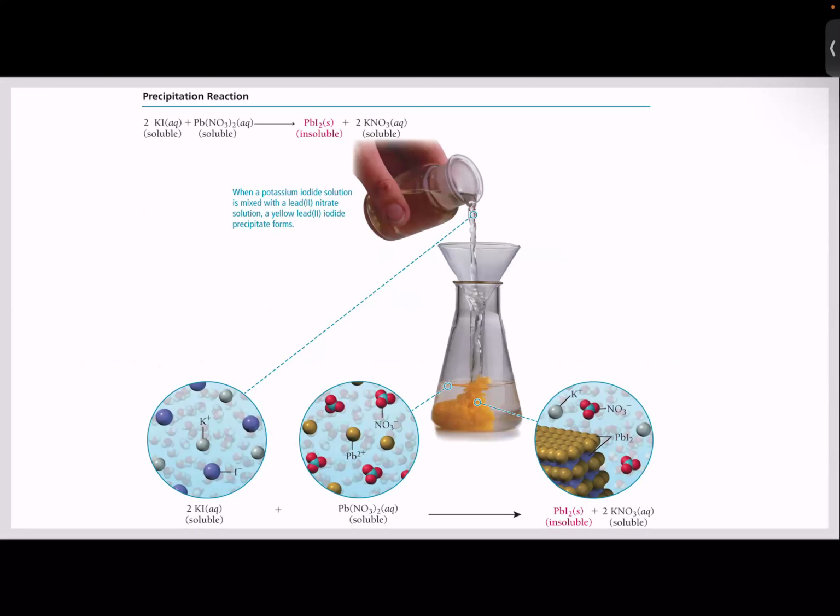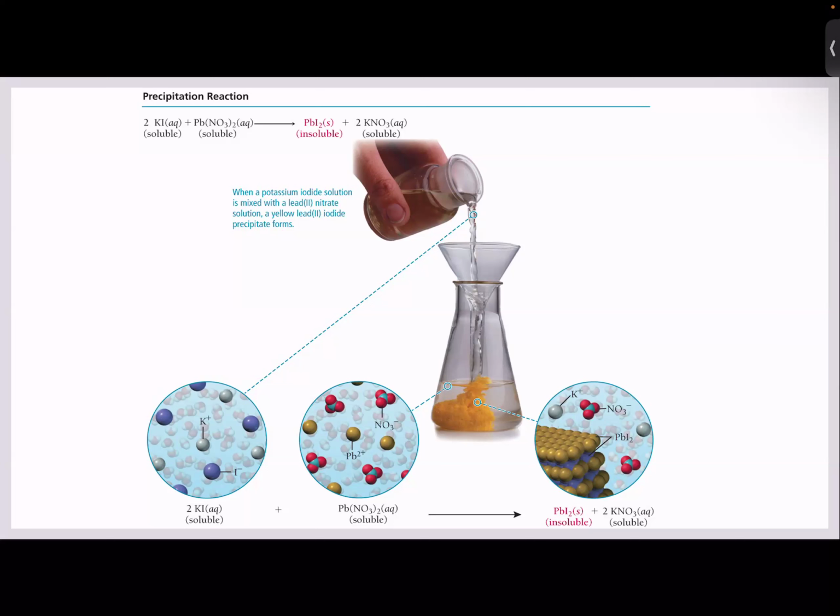An example would be one that you'll be doing today. If I take potassium iodide and hone in on it, I would find that the potassium iodide is a soluble ionic compound due to rule number 1, meaning that there are free-floating potassium ions and iodide ions in solution.